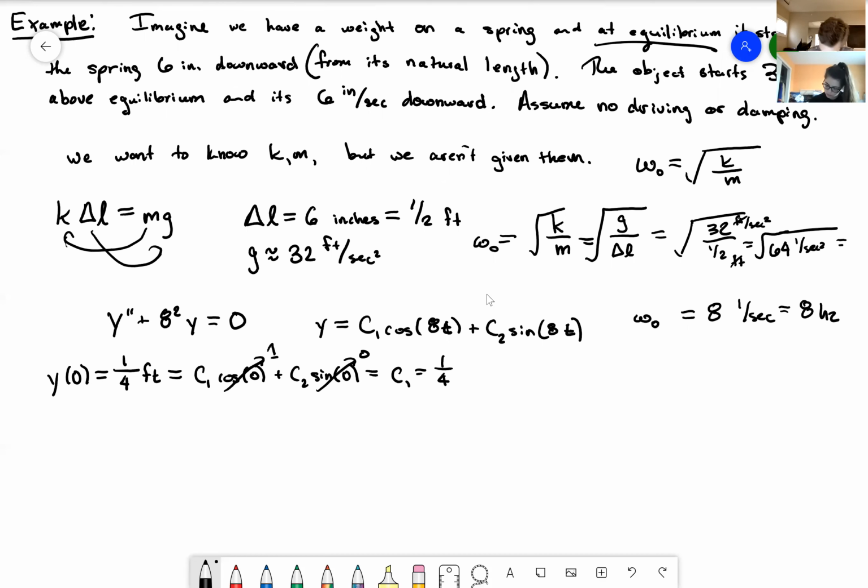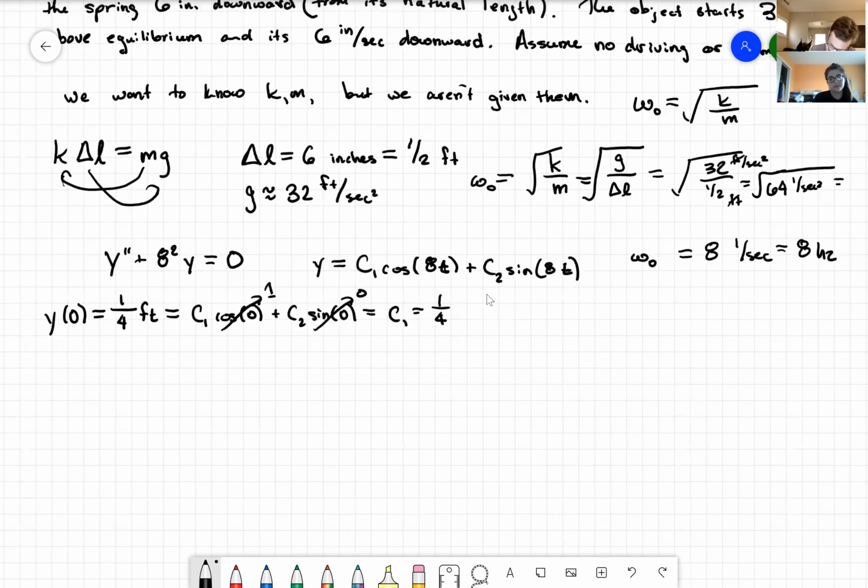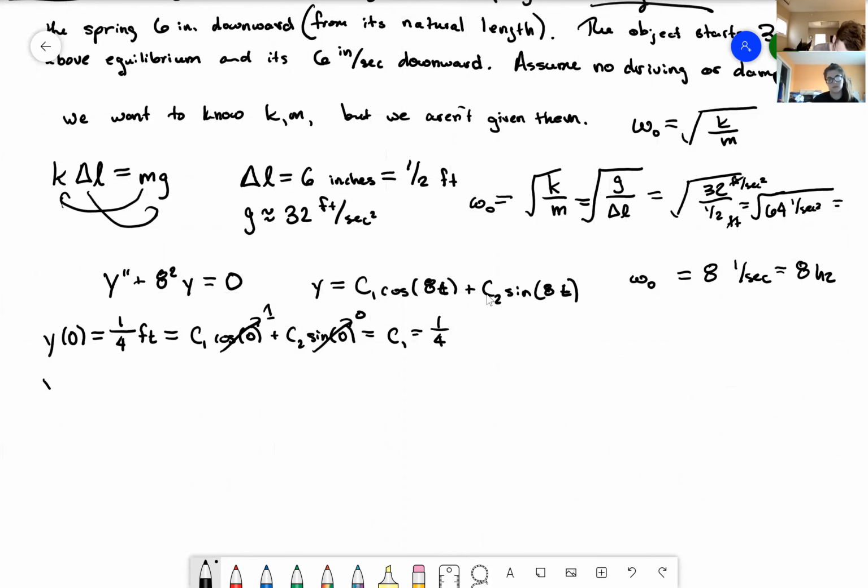When we write out the equation, we never put the units in the equation. They're sort of implicit. Okay, and y prime of 0, well, this was the velocity, and the velocity was 6 inches per second downward. So this is negative 1/2 feet.